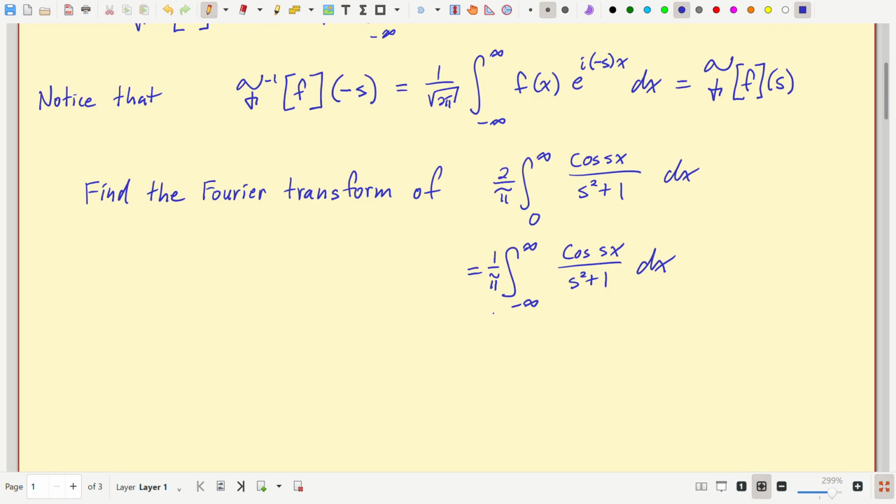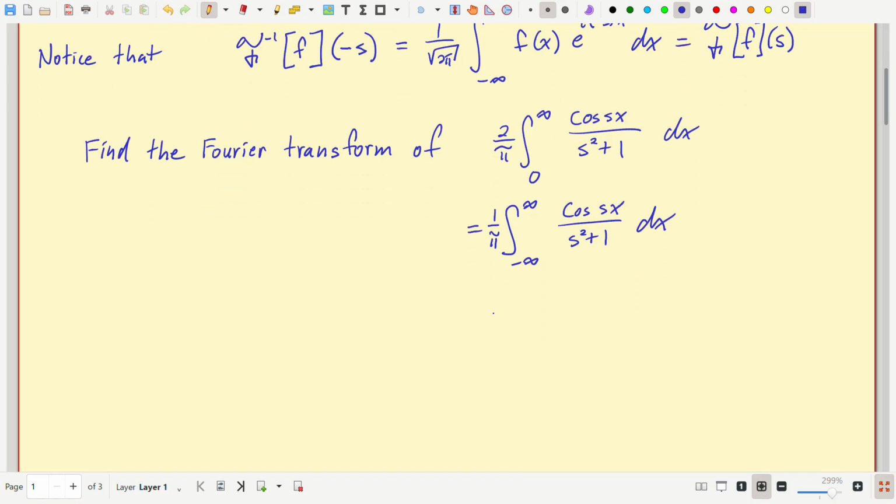And if you stare at it, you realize that cosine sx is the real part of e to the minus isx.